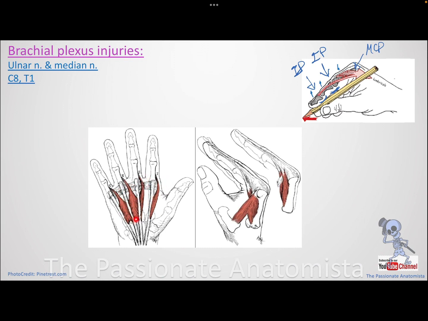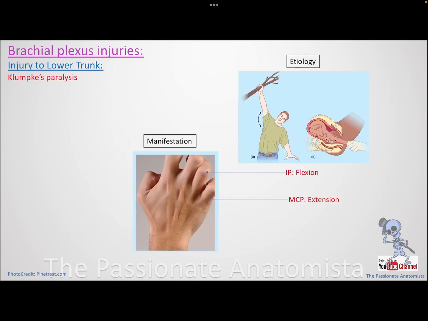It means if I have a lesion in the median and ulnar nerve, the C8 and T1 roots of lower trunk, these are the 2 roots involved in the Klumpke's paralysis that affects the median and ulnar nerve in the hand, I'm going to have the opposite.